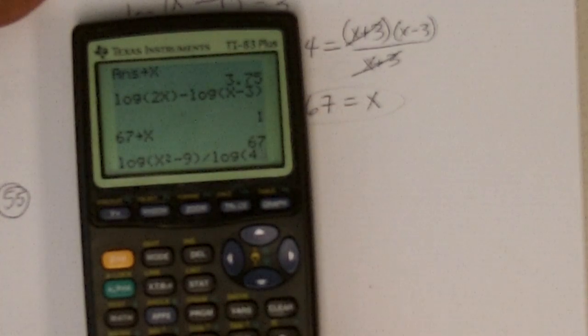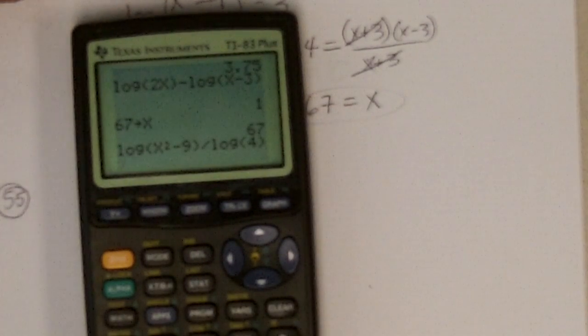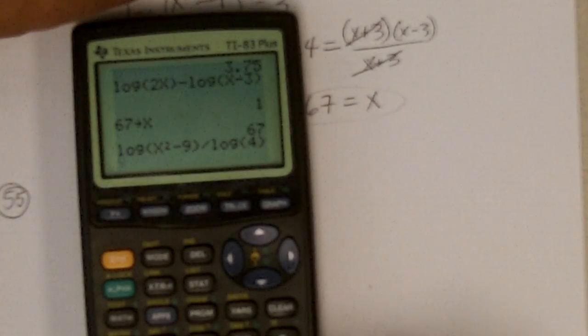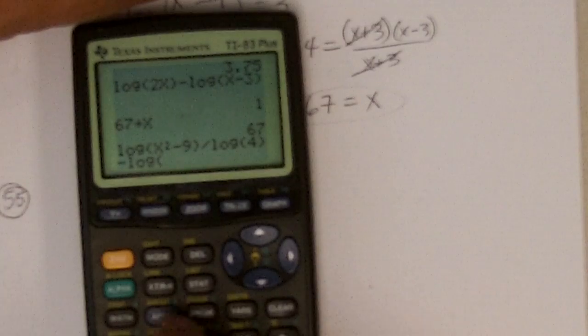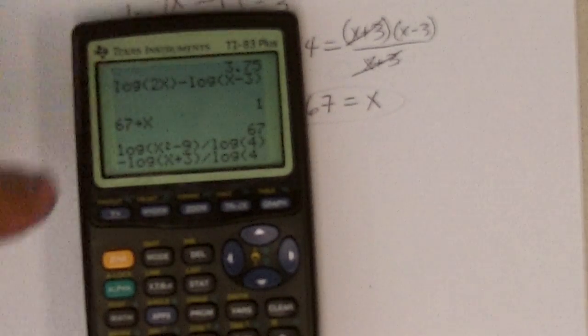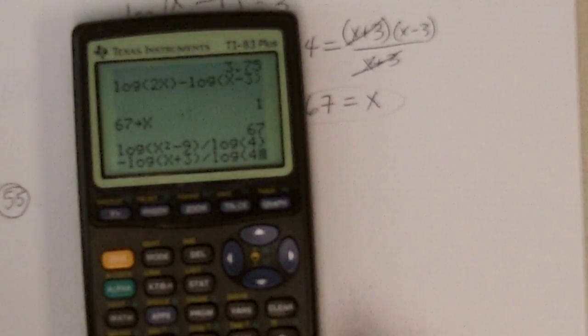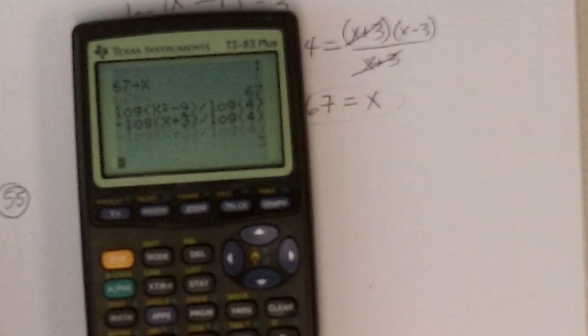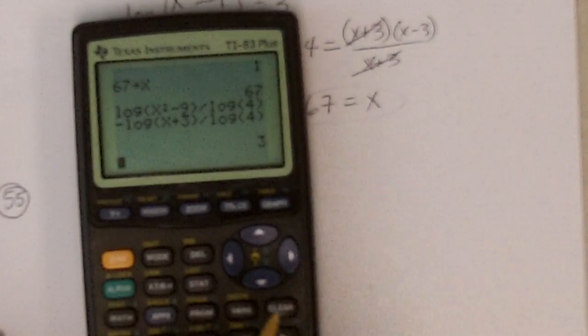That's the change of base rule. That's how I would type this in. Minus log base 10 of x plus 3 divided by log of 4, and that's the change of base rule there, and that's supposed to come out to be 3, and did that one right.